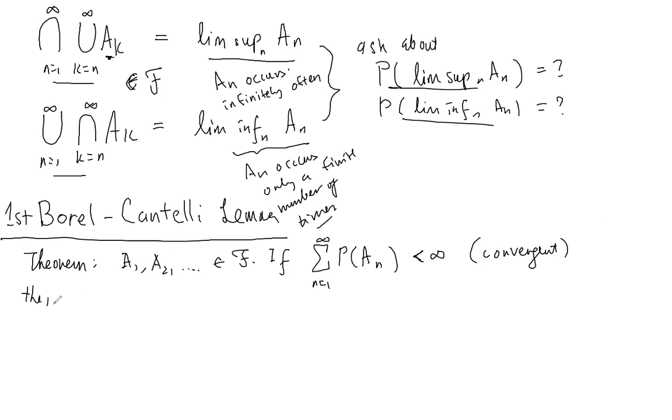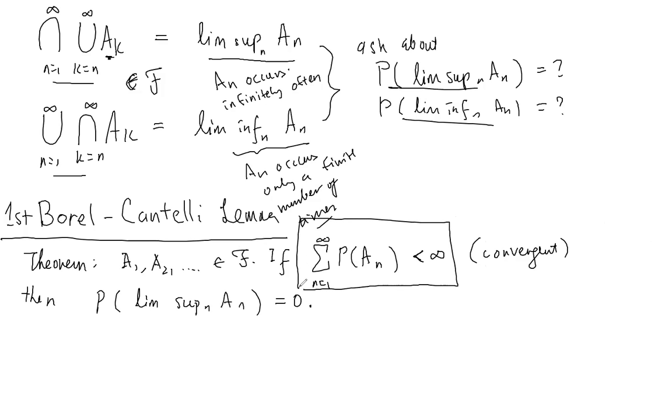Then the probability of lim sup is 0. It's a very, very simple statement. If you check this condition and it is convergent, then this probability is equal to 0.